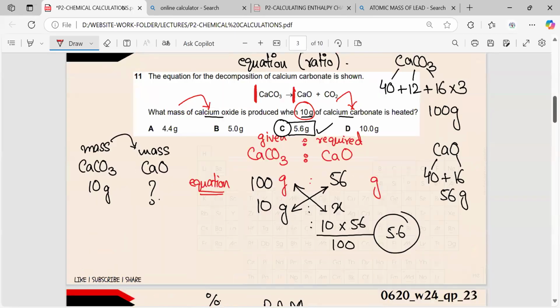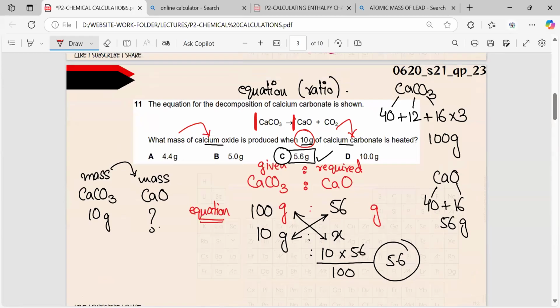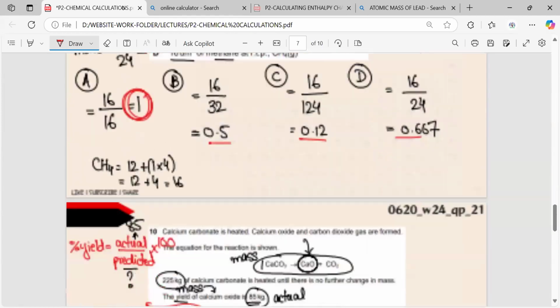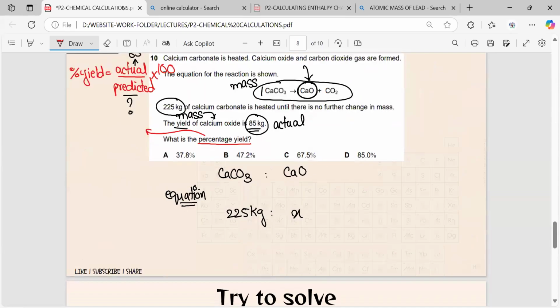In this question, the mass of calcium carbonate is 100 grams and calcium oxide is 56 grams. So we'll use the same instead of calculating again.